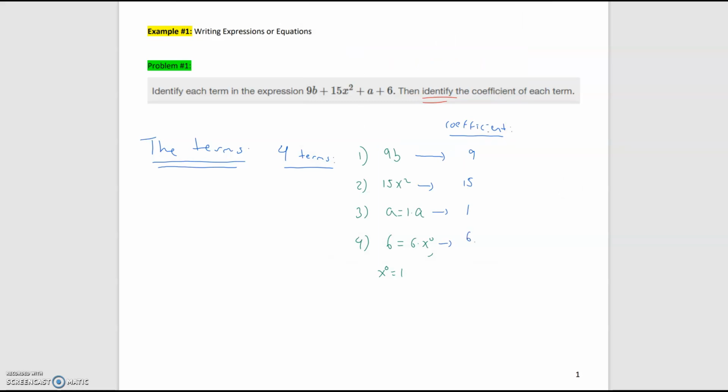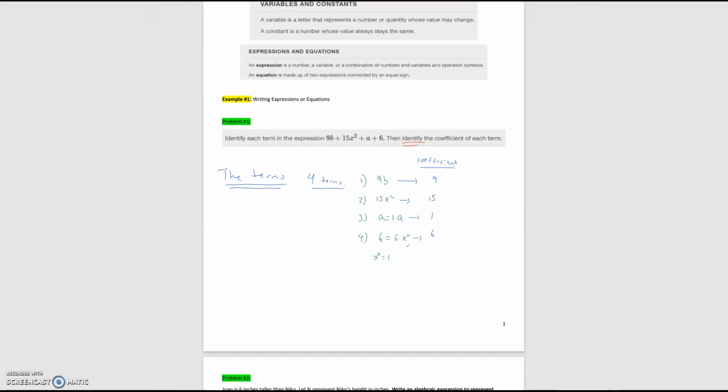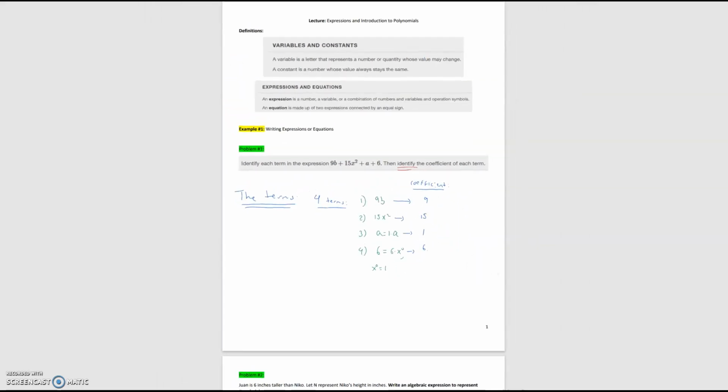So in example 1, we're just looking at an expression that consists of variables, and they're being connected by, in this case, additions. So 4 terms, and the coefficient of each of these is just the constant that multiplies each of the terms. Careful on the third one because it's technically a 1. On the fourth one, it's technically the 6. There is a variable there, but it's technically simplified. That's it for problem 1.